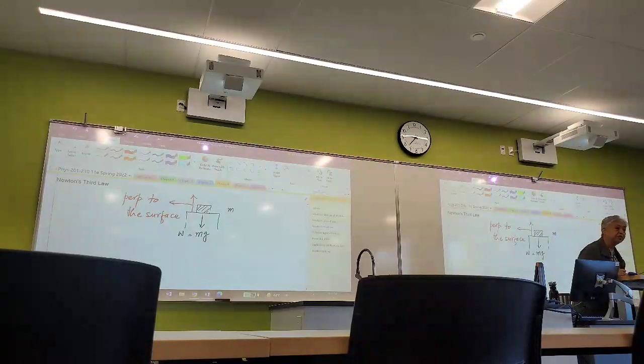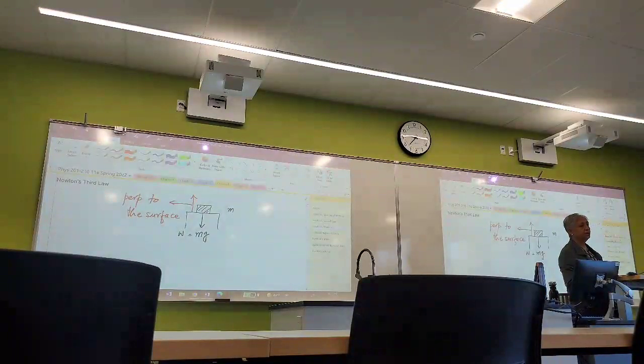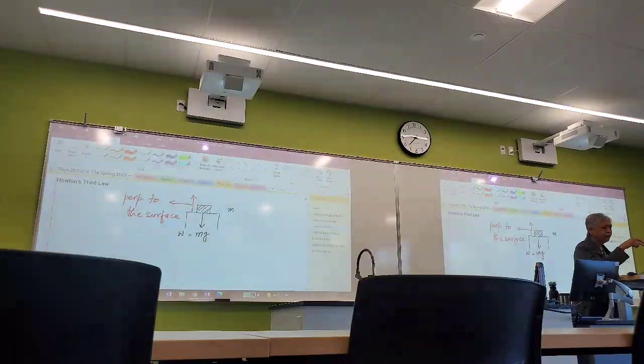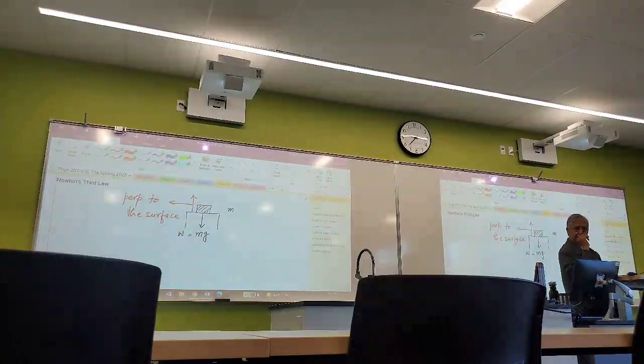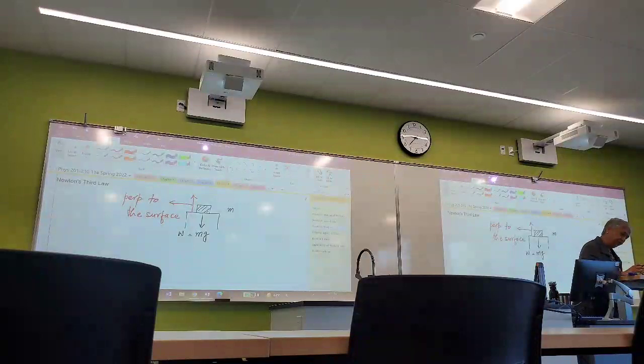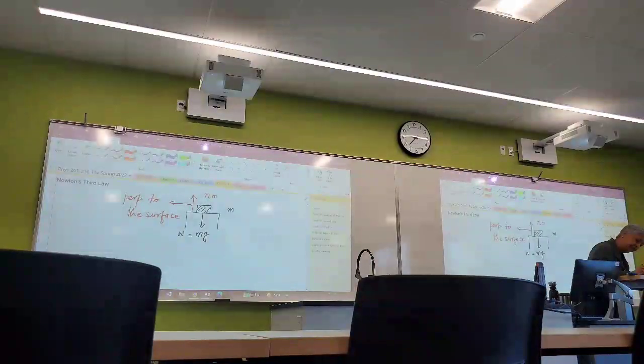This force is perpendicular to the surface. And who is offering this force? The surface is offering the force, right? And this force is therefore called a normal force. Normal means perpendicular, right? In mathematical terms, normal is right angles. So this is a normal force, and we represent this with N.